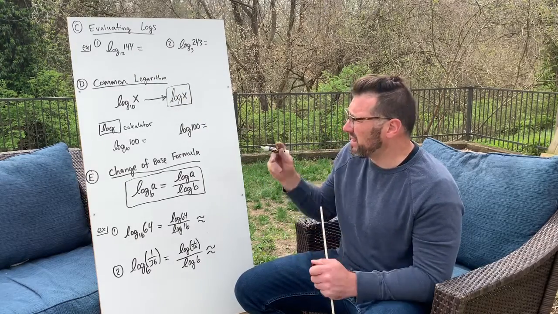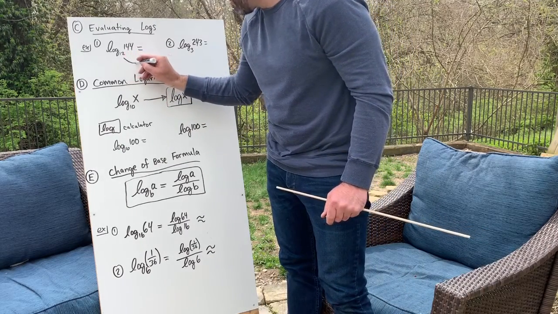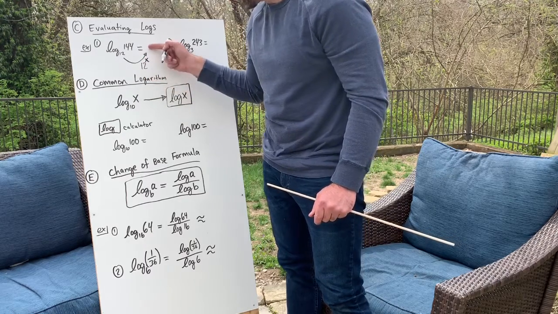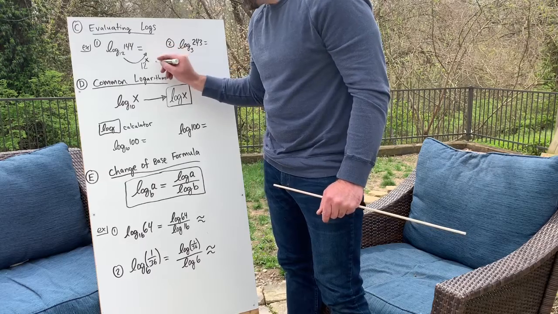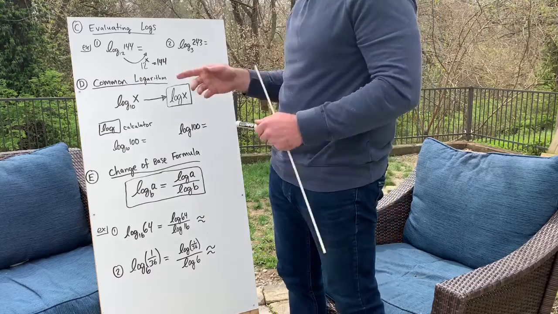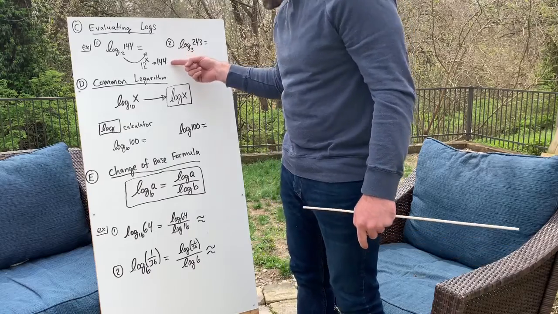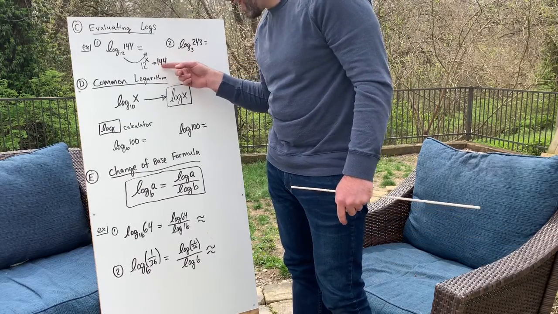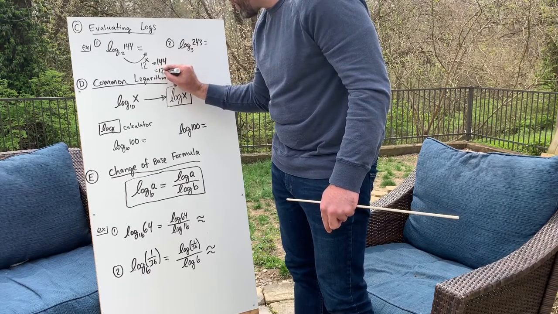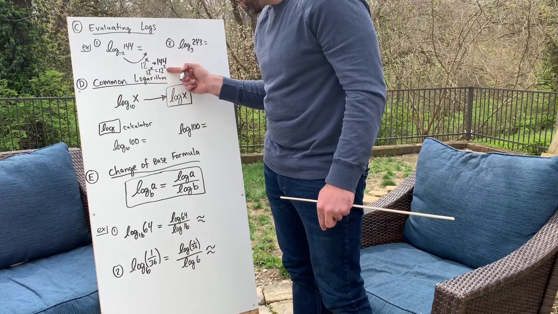Well, for us to evaluate that, we can use the definition of a log. Definition of a log means that this base 12 raised to a certain power, now we don't know what this is yet, right? Let's call it x, equals 144. So you can go to your calculator and just start raising 12 to certain powers, or if you remember how we solved these by finding the same base, it's the same thing. 144 is 12 squared, which means that x equals 2.